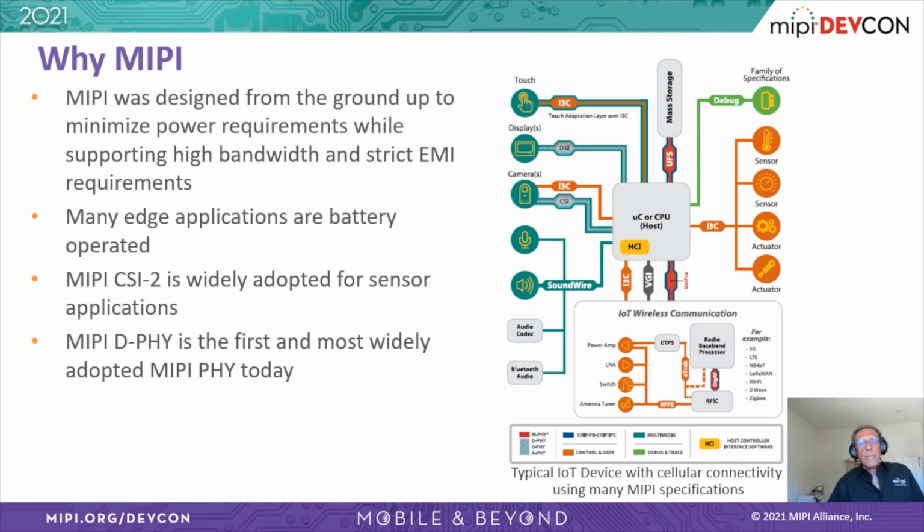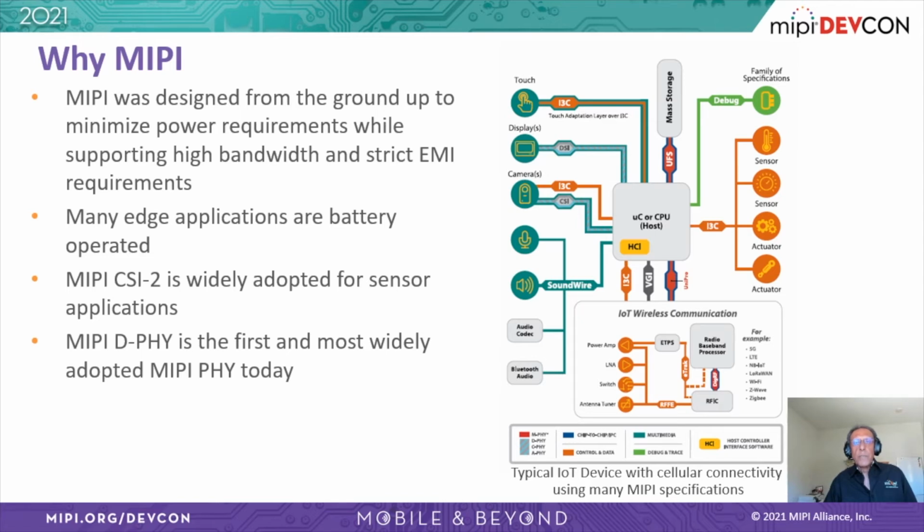Now let's turn our attention to why MIPI was used in Ergo. Well, MIPI was designed from the ground up to minimize power while supporting high bandwidth and strict EMI requirements. Many edge applications are battery operated, so this fits in perfectly.